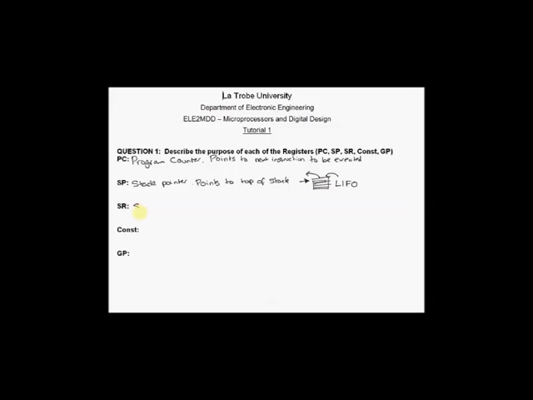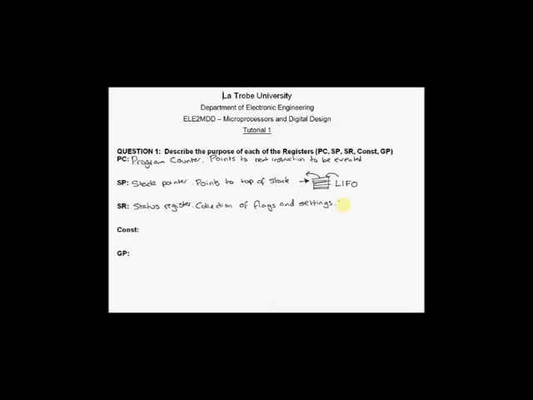Our next one is the status register. Now the status register is a collection of flags and settings, and essentially we want to treat these as individual bits.